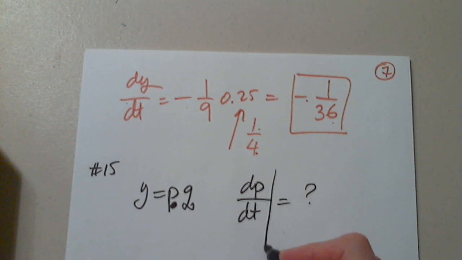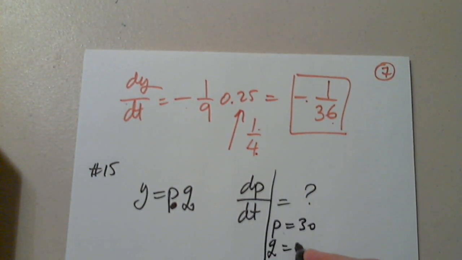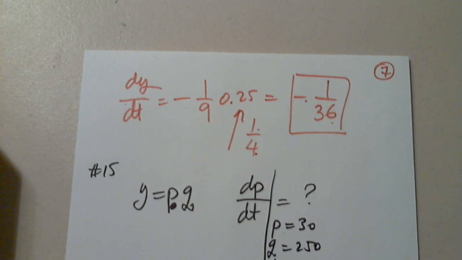When p equals 30, when q equals 250, when dq over dt equals -200, what does that mean? If I'm told dq over dt, it means that q is a function of t. Yes, very good.